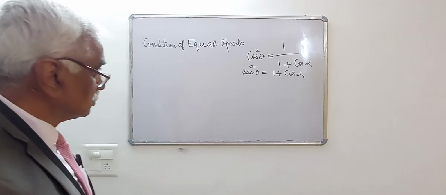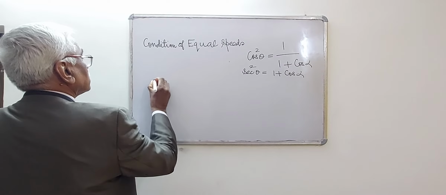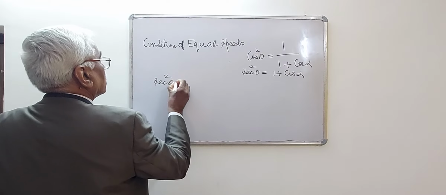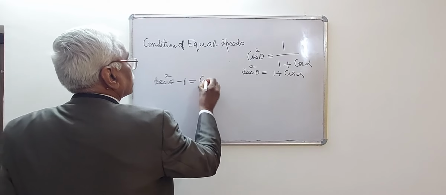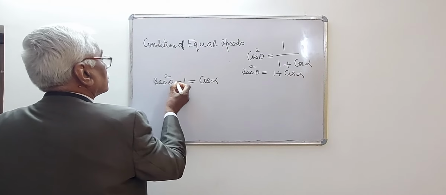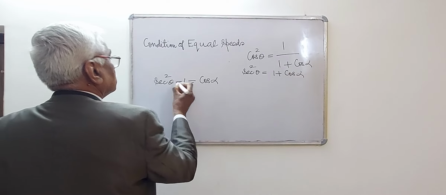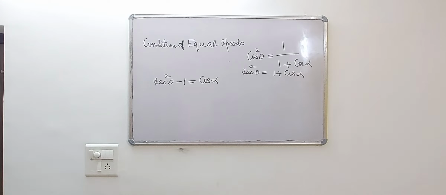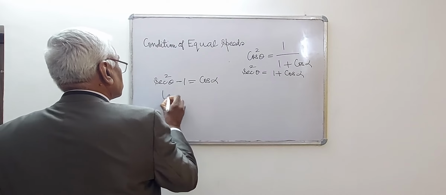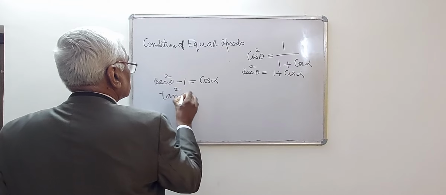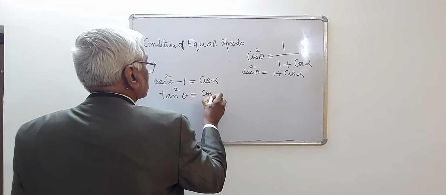Or it can be written as sec square theta minus 1 is equal to cos alpha. Sec square theta minus 1 is equal to tan square theta, so tan square theta is equal to cos alpha.